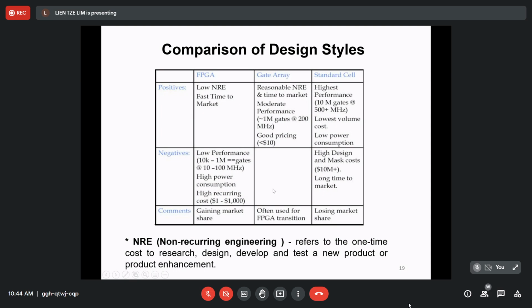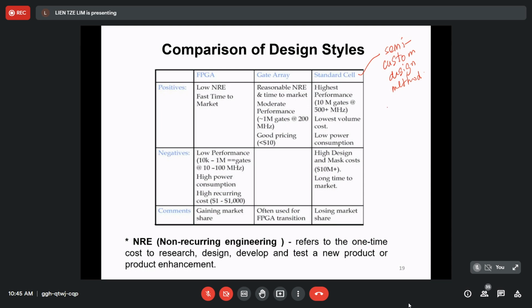standard cells is a semi-custom design style. Semi-custom. Standard cell is a semi-custom design method.